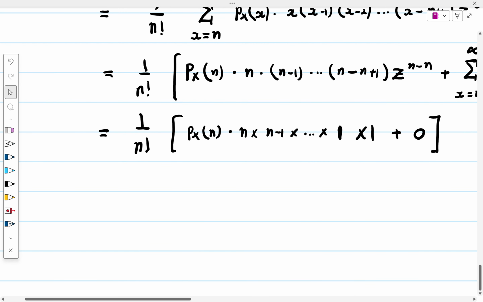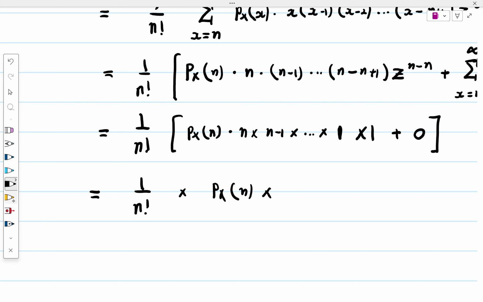And therefore, finally, in our expansion here, we get 1 on n factorial times px of n times, by definition, n times n minus 1 times dot dot dot all the way to 1, which is also n factorial.